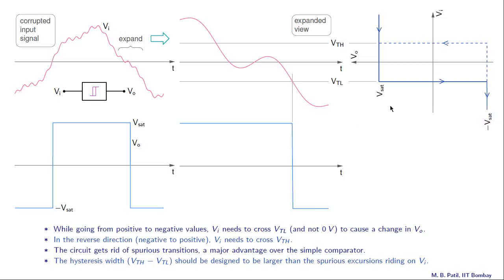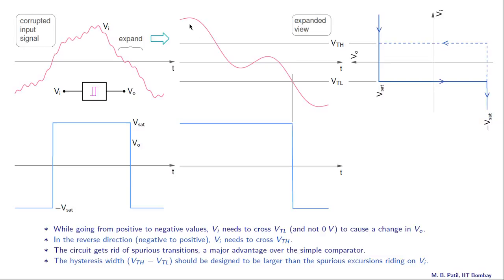So here is our VO versus VI relationship for the Schmitt trigger, and it looks a little different because our VI axis is now drawn vertically, but it's the same as what we have seen earlier. This is VTH, this is VTL, this is the high VO level, VSAT, and this is the low VO level, minus VSAT.